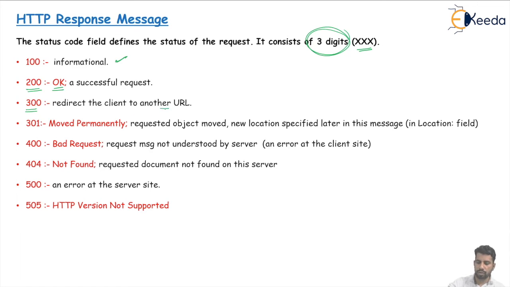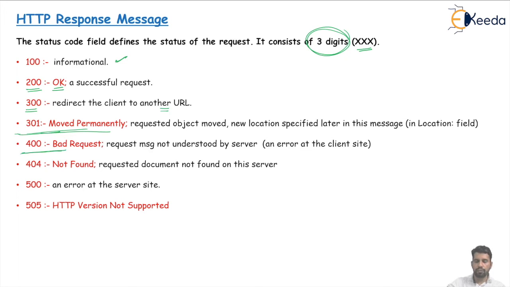That time we use 300. 301 is moved permanently. Moved permanently means you requested a web page and that web page is not stored here now, and it is at some different location. It is updated or shifted to a different location. That time the 301 status comes into the picture.